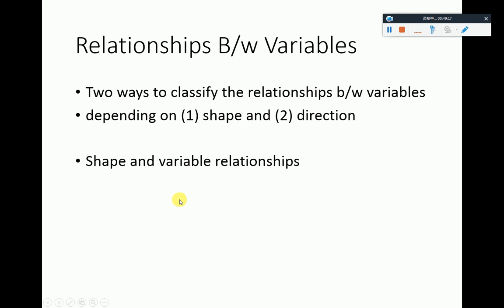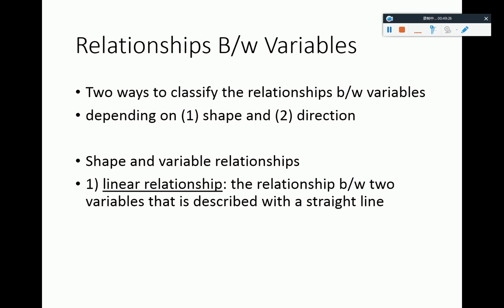First of all, when we talk about the relationships between two variables in terms of shape, we mean this. We can have linear relationships. That means we can use a straight line to describe how these two variables are related to each other.